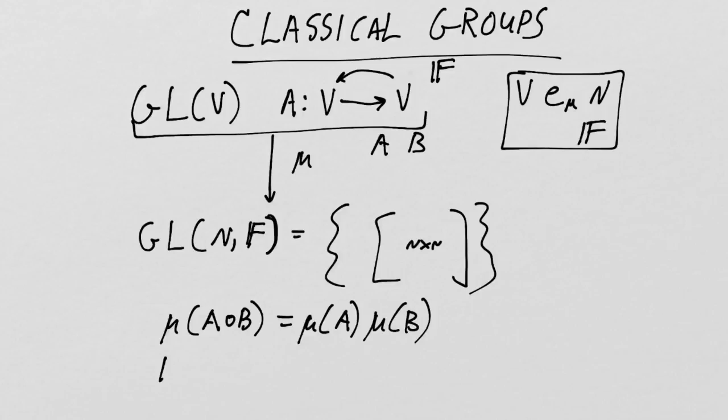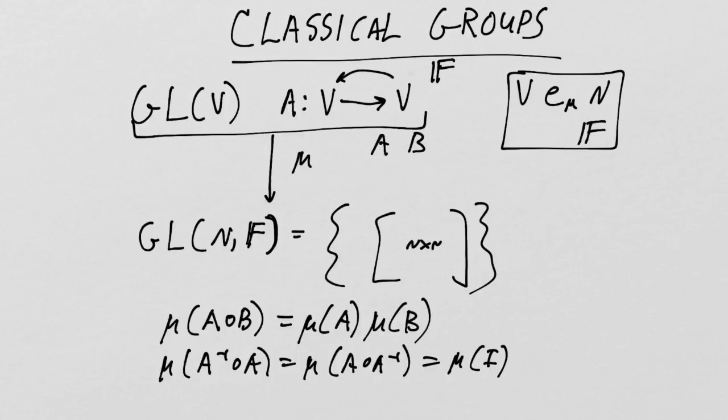And we also need to know that the matrix multiplication of A inverse after A has to equal the matrix representation of A after A inverse, which has to equal the matrix representation of the abstract identity transformation, but more importantly, that has to equal the actual identity matrix, right?